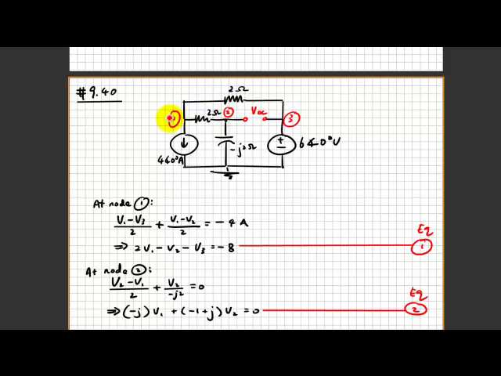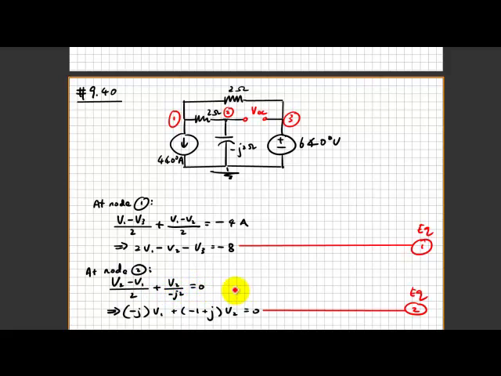So V2 minus V1 divided by 2 ohms, and then V2 minus 0, because this is the reference we are dealing with, divided by minus j2 across that capacitor, equal to 0, because those are the only two terms. Reorganizing a little, you have minus jV1 plus minus 1 plus j, times V2, equal to 0. How do I know this is 0? Because there's no source; everything is just a variable, equal to 0.